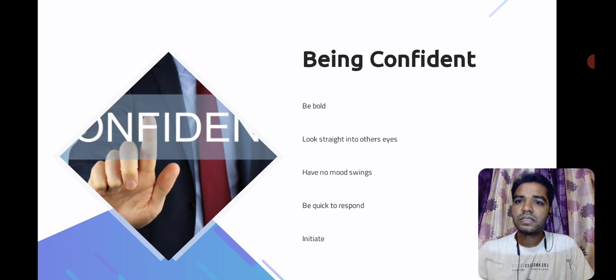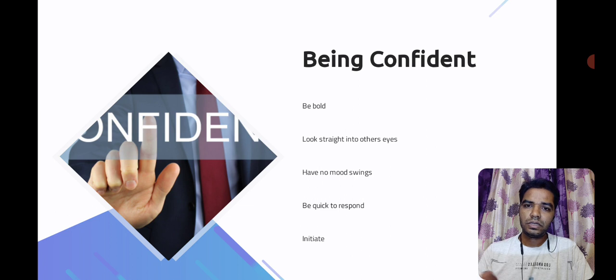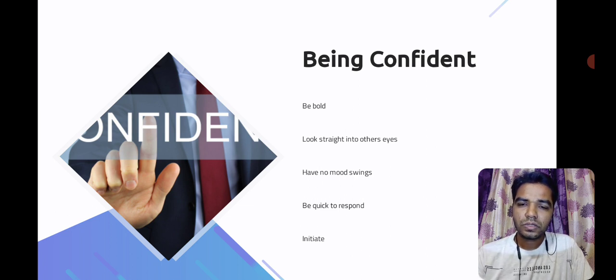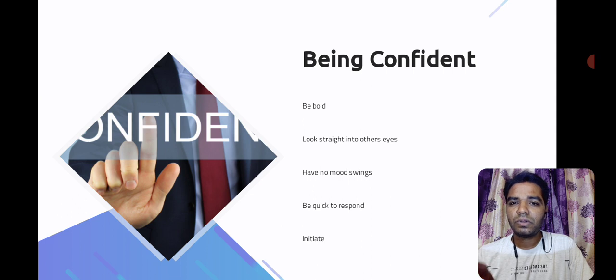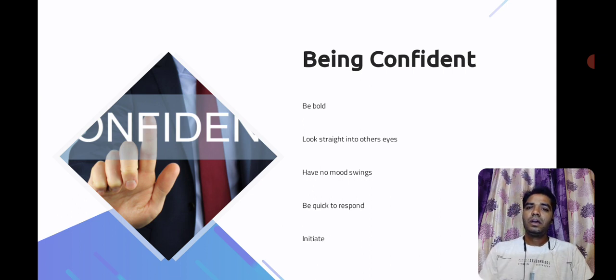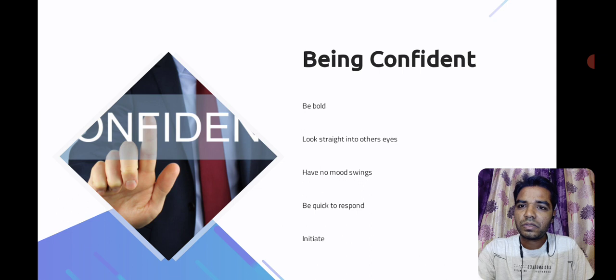That is called mood swings. And respond quickly. That is a good technique so that you also give the impression that you are a good listener. And always try to initiate so that your confidence will also improve. When you hesitate, your confidence never improves.